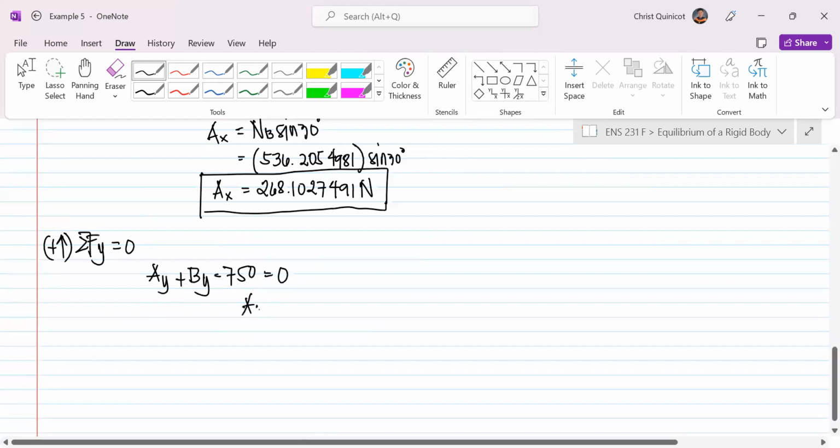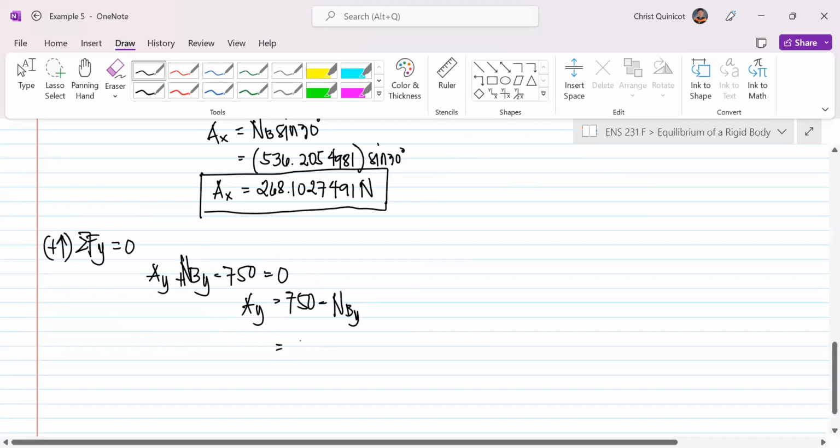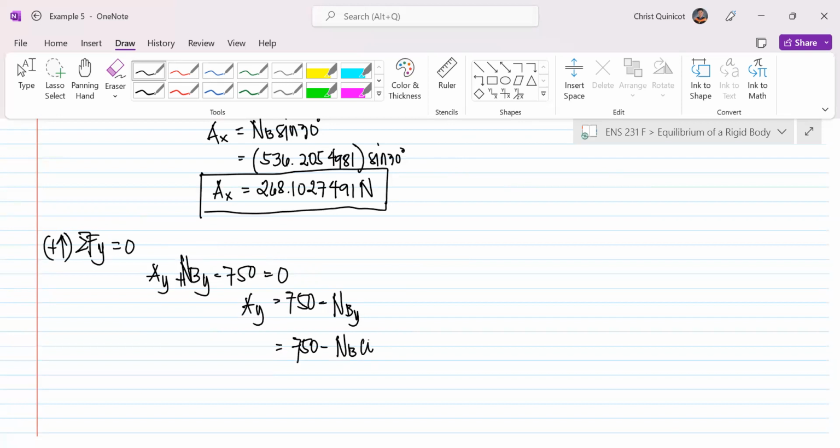A sub Y is equal to 750 minus N sub B Y, and N sub B Y is N sub B cosine 30 degrees.